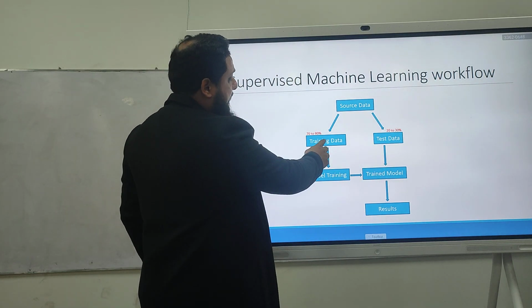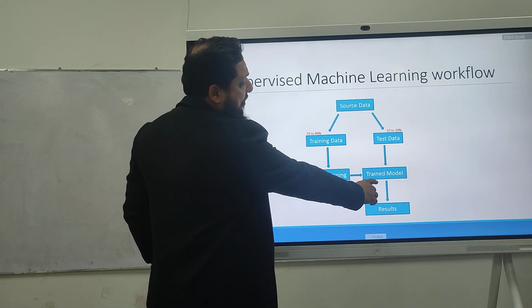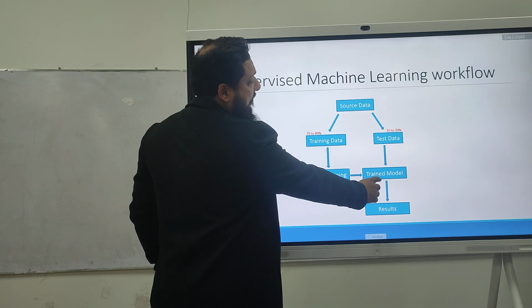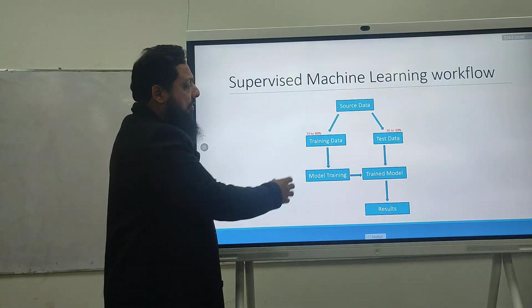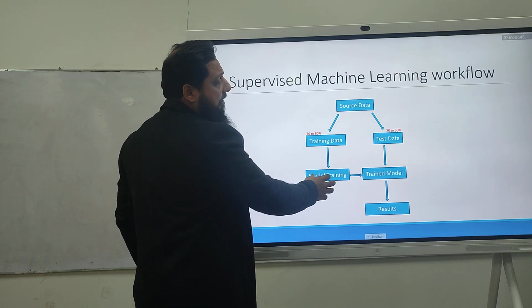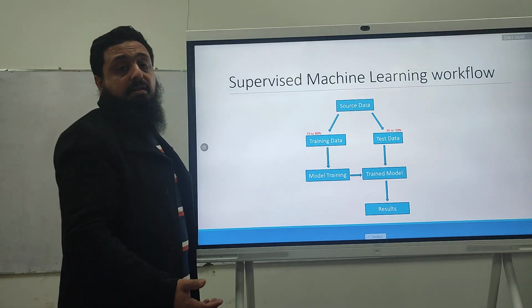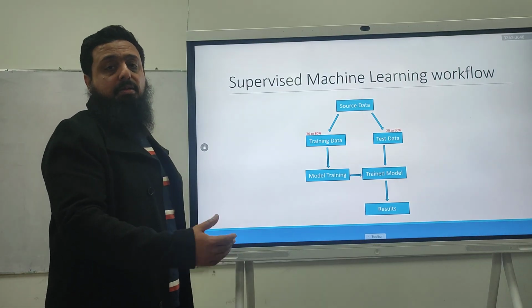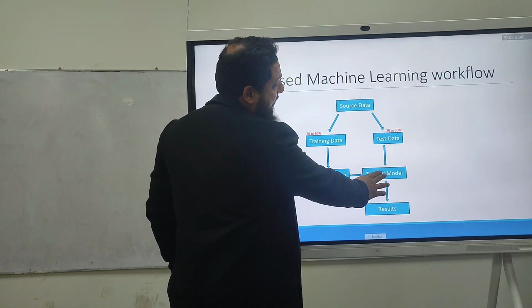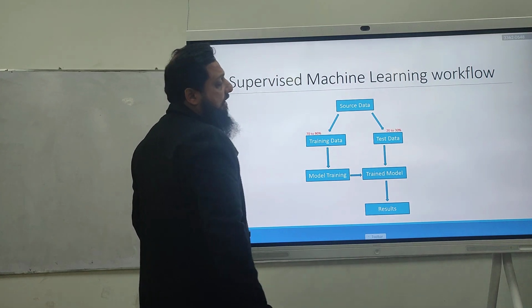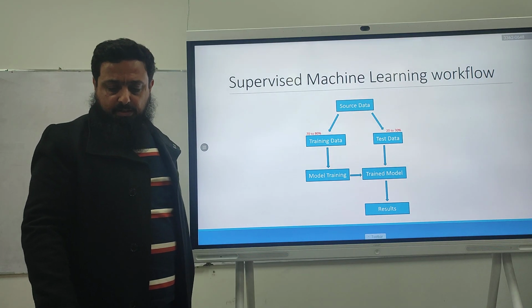Then we train our model on the training data. Once our model is trained, we test it on the test data, which doesn't have labels. Here we don't have labels, and the model has to tell us the labels. A label is like the answer, which class it belongs to, and then at the end we have the result. So the trained model makes predictions on the test data. This is the basic workflow of supervised learning.